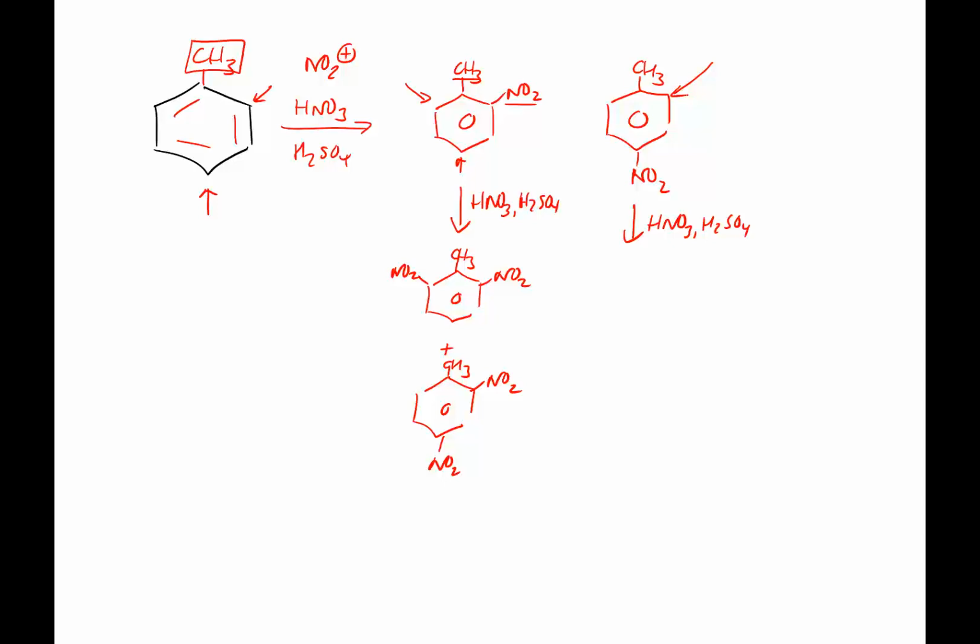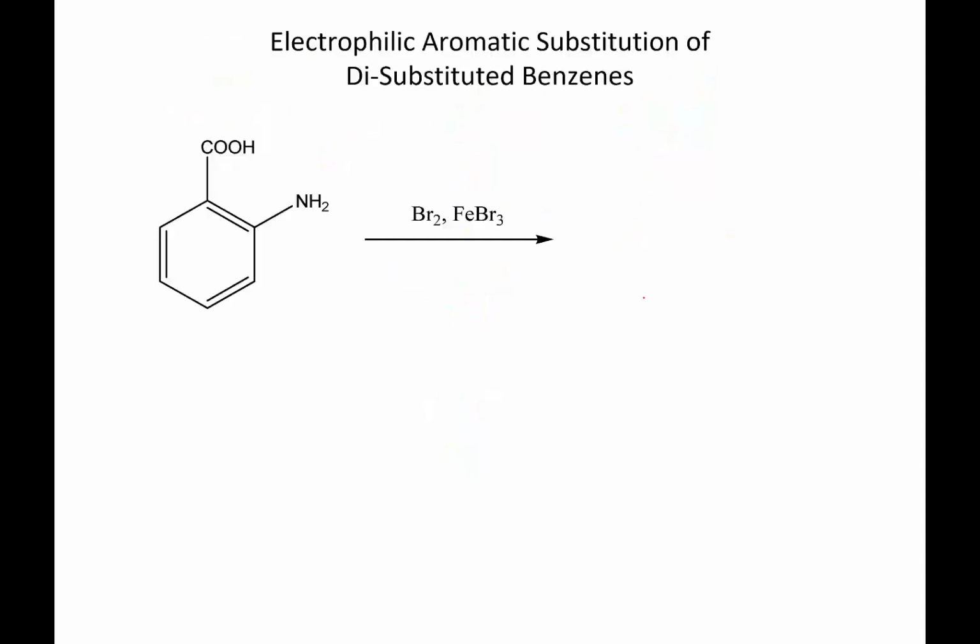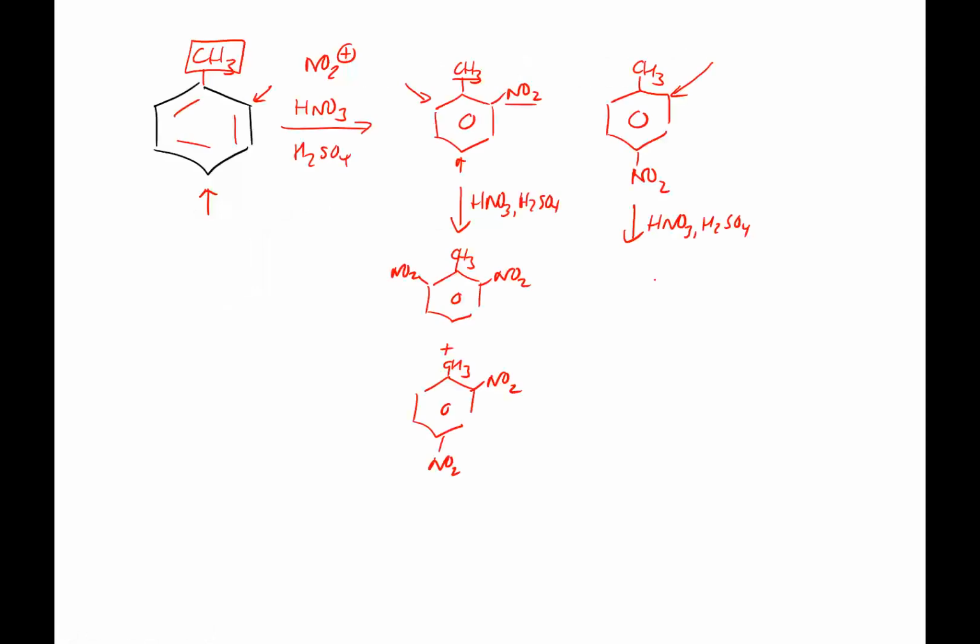If there's already a group at the position it's directing to, you can't kick that group off. So in the second case, there's just going to be one product, which is to put the NO2 group there.